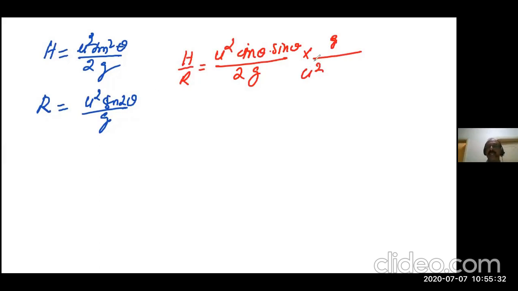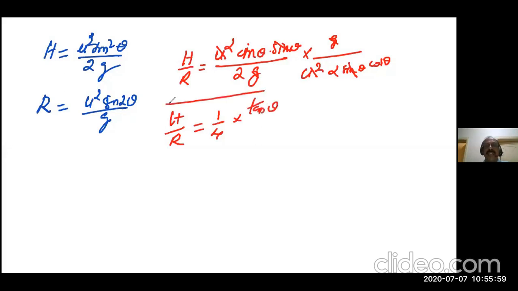Sine 2 theta we can write as 2 sine theta cos theta. Now we can cancel out: one sine theta here, another sine theta cancelled. g is also cancelled, and U squared will also cancel. Then 2 to 1 by 4 into sine theta by cos theta.